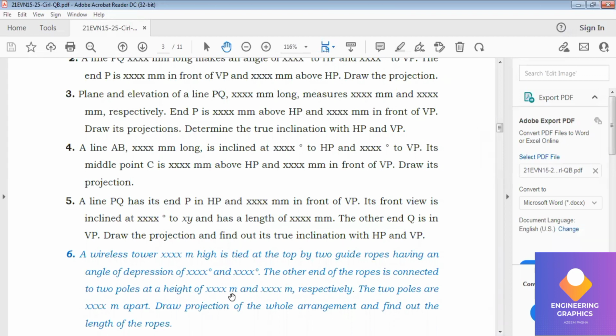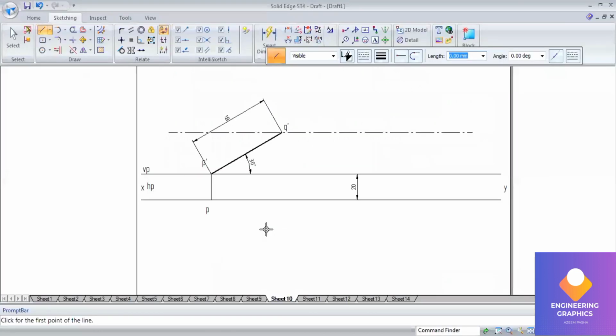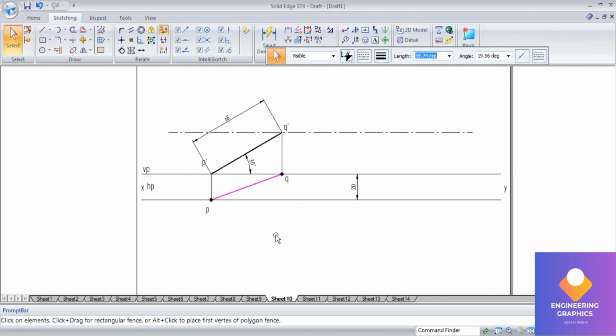By rotating this apparent length and then projecting downward, we can get the true length here. With respect to the endpoint, we know that both the apparent lengths fall in a straight line. Using that concept, I'm constructing the apparent length in the top view also.